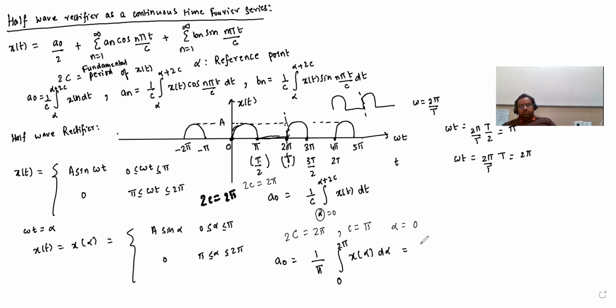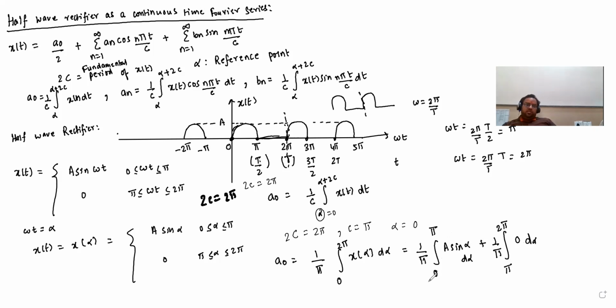So we have 1 by pi from 0 to pi, this is a sine alpha, plus 1 by pi from pi to 2 pi, we have it as 0. Here it is d alpha, and here it is d alpha.